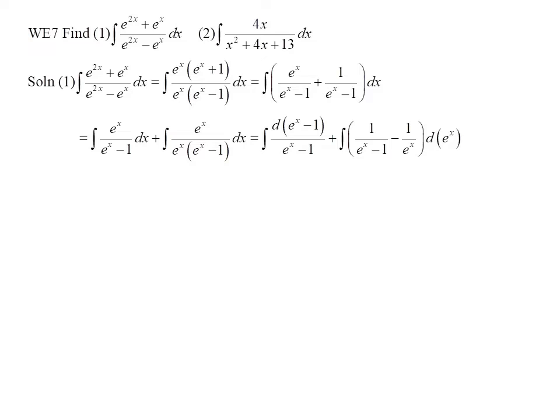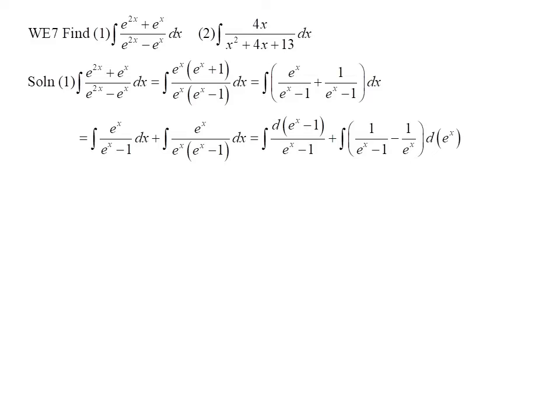Hence, the antiderivative can be written as the integral of e to the x over (e to the x minus 1) dx plus the integral of 1 over (e to the x minus 1) dx.